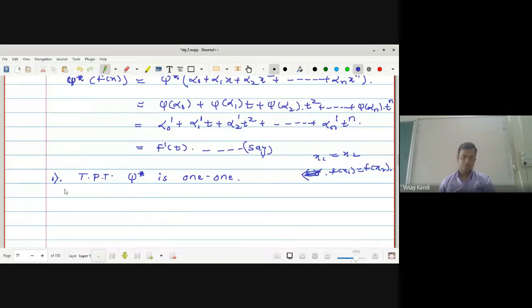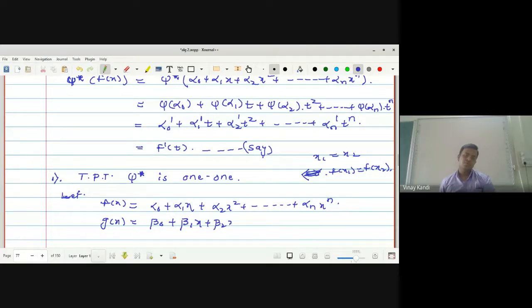Now let's take any two elements. This one is f of x, alpha naught plus, take this element from the domain, alpha 1 x plus alpha 2 x square up to so on alpha n x raised to n. And suppose this one is g of x. What is g of x? Suppose this one is beta naught, beta 1 x, beta 2 x square up to so on.